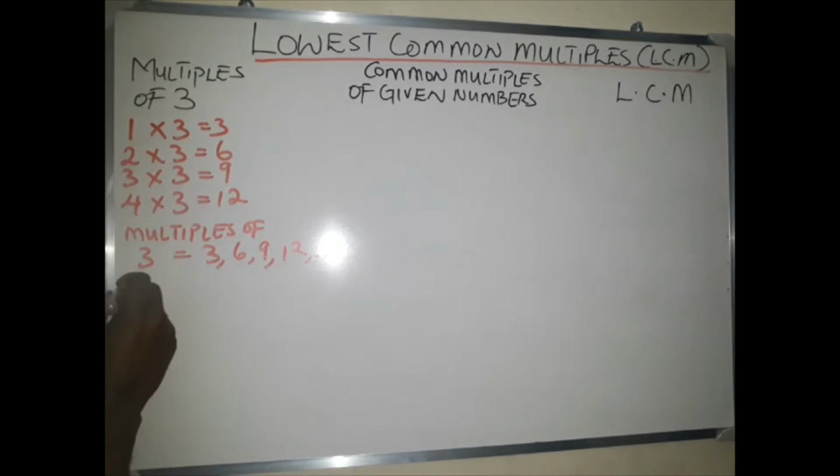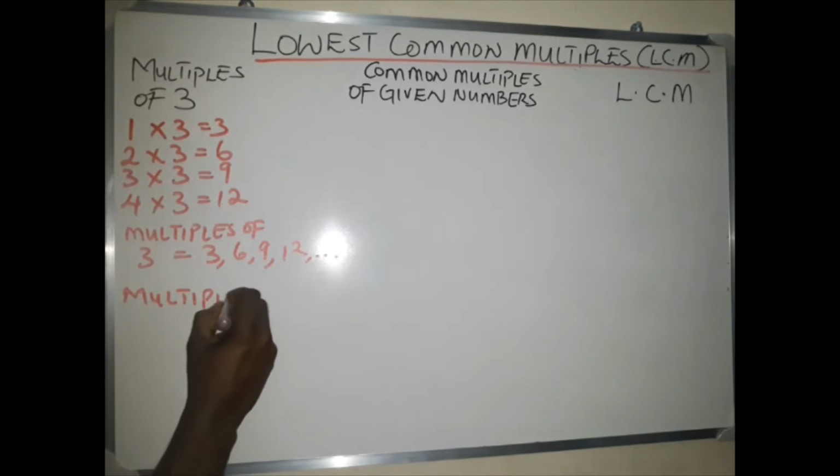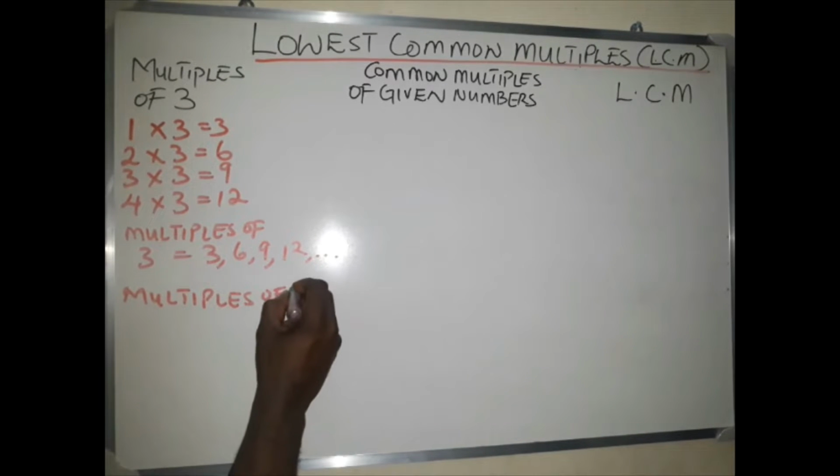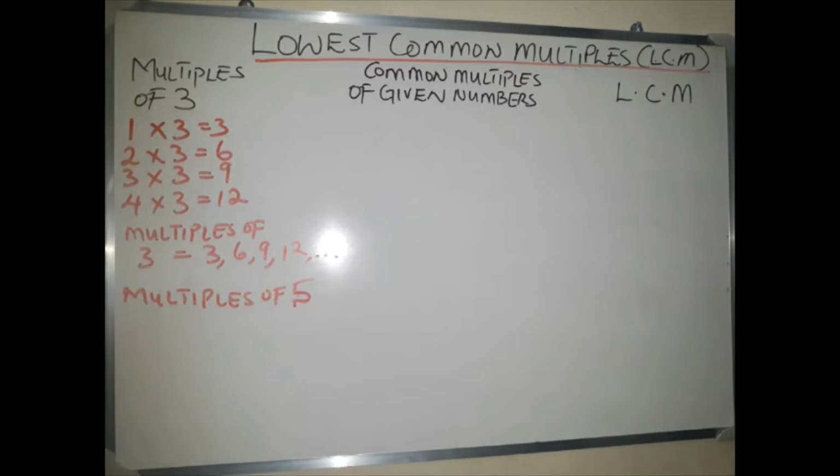Now let's look at another example. Let's say find the multiples of 5. We follow the same process. We're looking for numbers that 5 can divide without a remainder. So to derive these multiples, we say 5 times whole numbers.